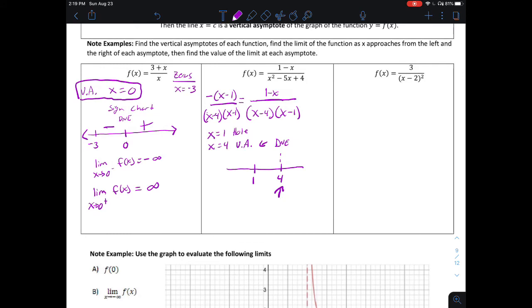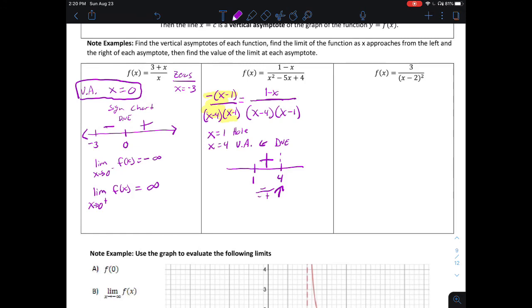Now, I think that the ideal place to put it would be in the factored form. So number between 1 and 4, put a number in like 3. So 3 minus 1 is 2 times -1. So I have a negative numerator over negative times positive. 2 negatives means I have a positive output.